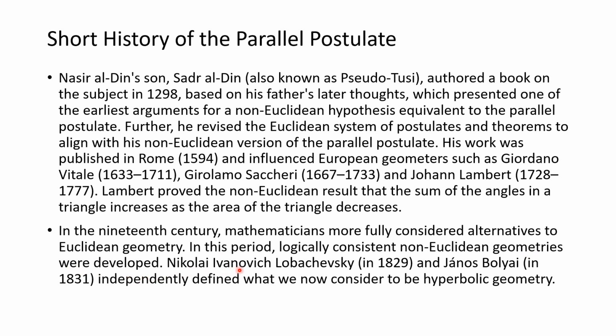Nikolai Ivanovich Lobachevsky and János Bolyai in 1829 and 1831 respectively, independently defined what we now consider to be hyperbolic geometry. So quite a long time from Euclid, who was born in 300 BC, to actually formalizing an alternative geometry is over 2,000 years.